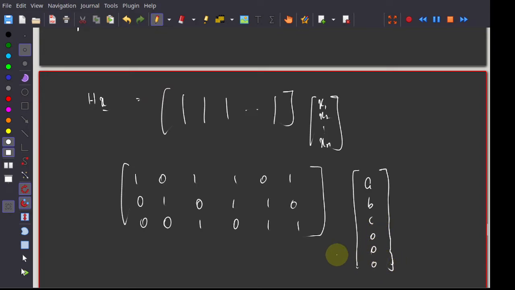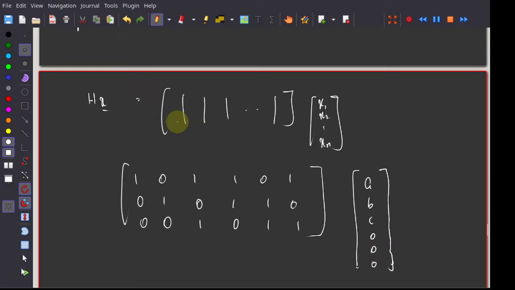So if I had to take a general linear combination of the first 3 columns of H, then it is basically the same as taking H times X for some X where the first 3 entries are non-zero and the remaining entries are all 0, correct?